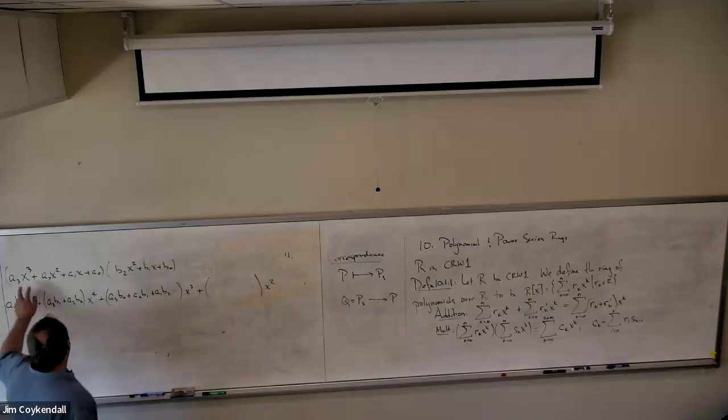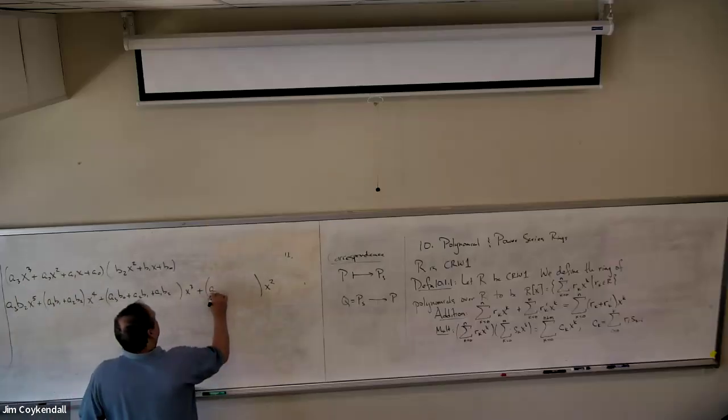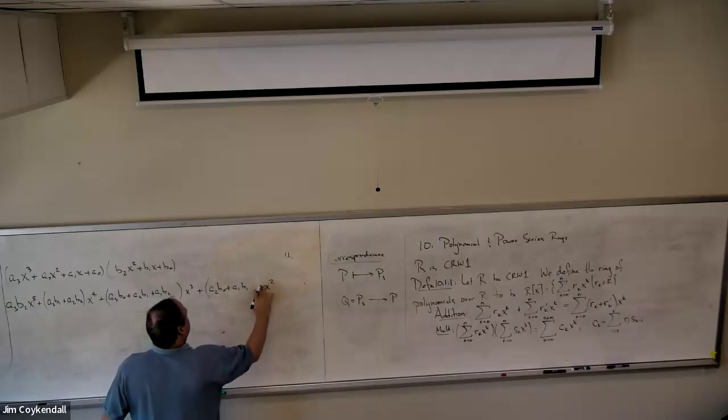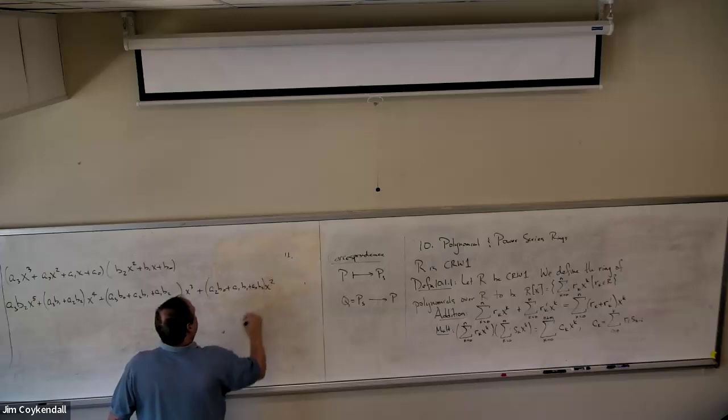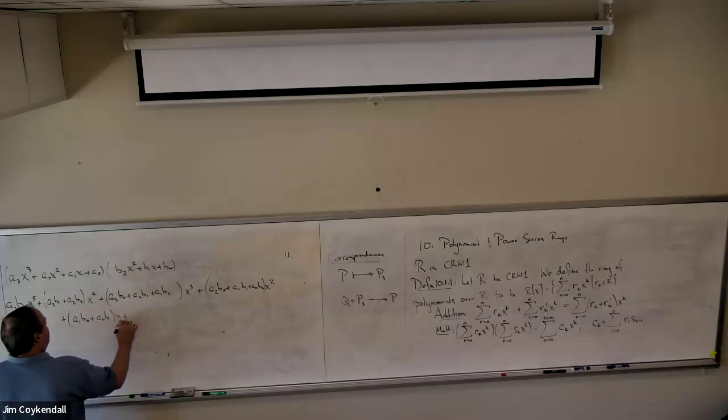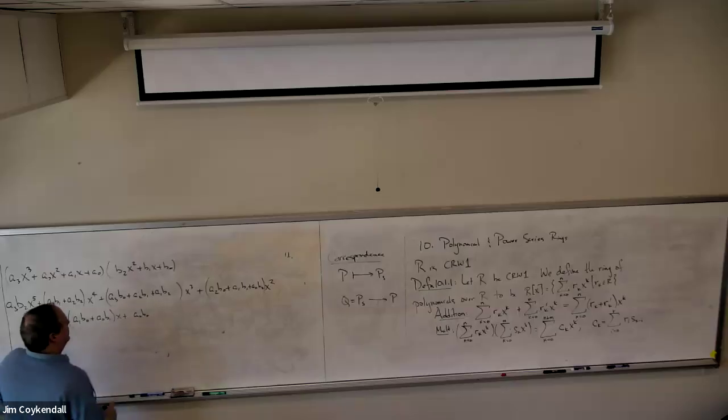Now for the x squared term: A2 B0 plus A1 B1 plus A0 B2. And I get A1 B0 plus A0 B1 times x, plus A0 B0. So notice that, again, the sums of the subscripts always add up to the exponent.